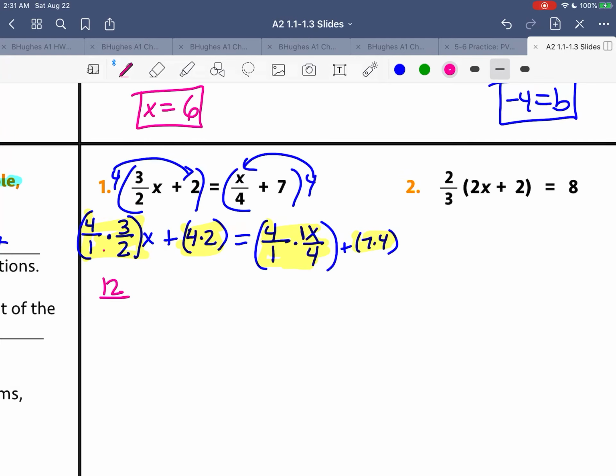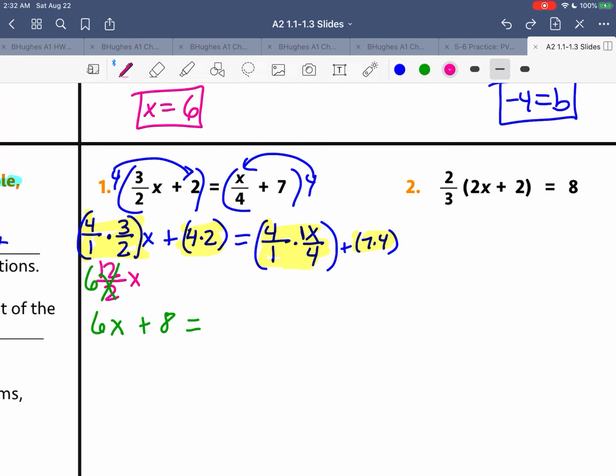Well, this gives me 4 times 3 is 12, 1 times 2 is 2, and that gives me 12 over 2x. How does that cancel? Well, that fraction can divide now. This means the same thing as 6x. Then the second part is just a number, so plus 4 times 2 is 8.